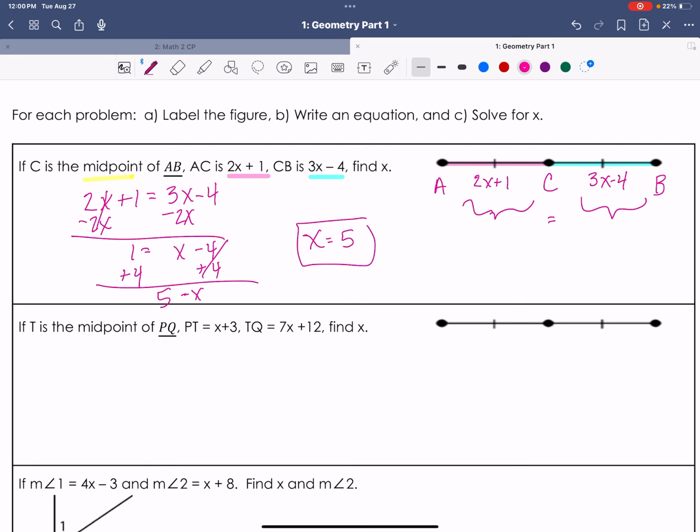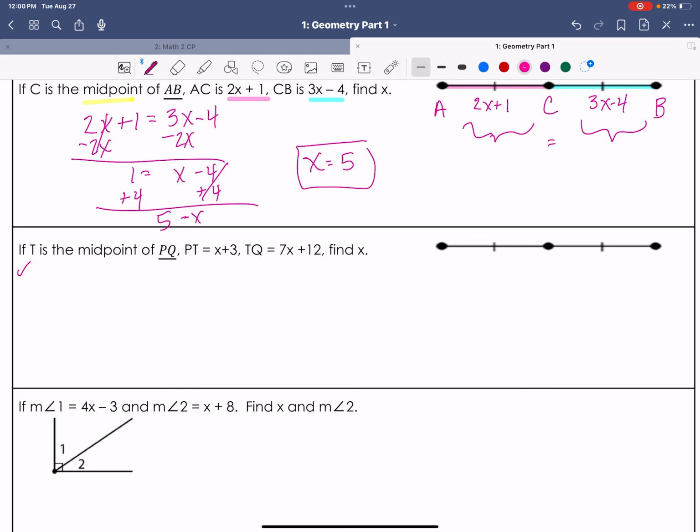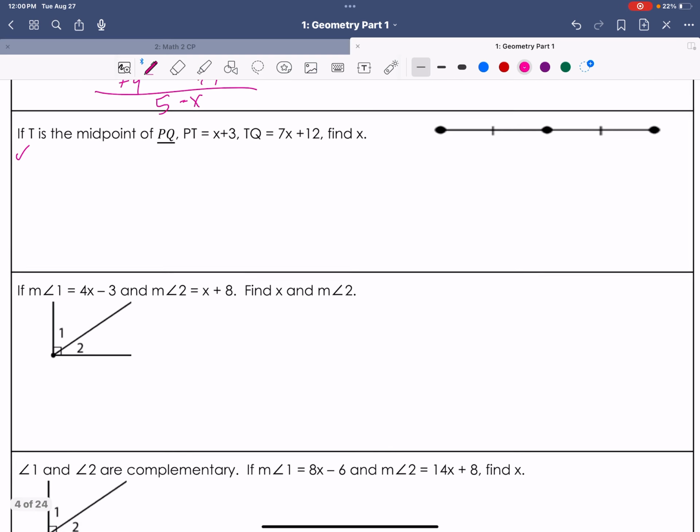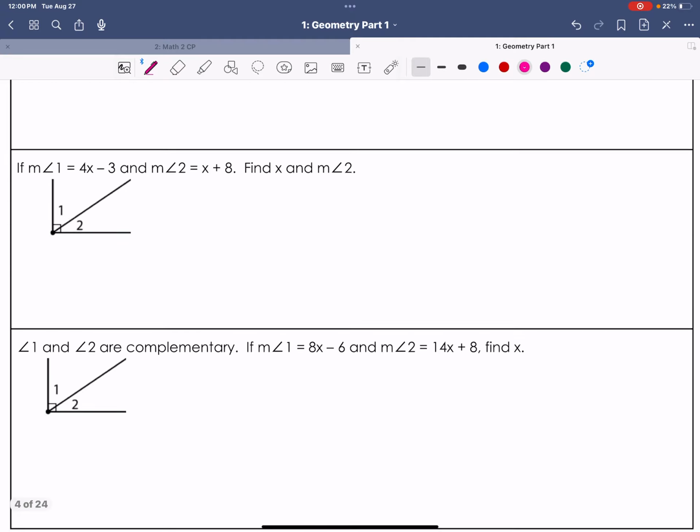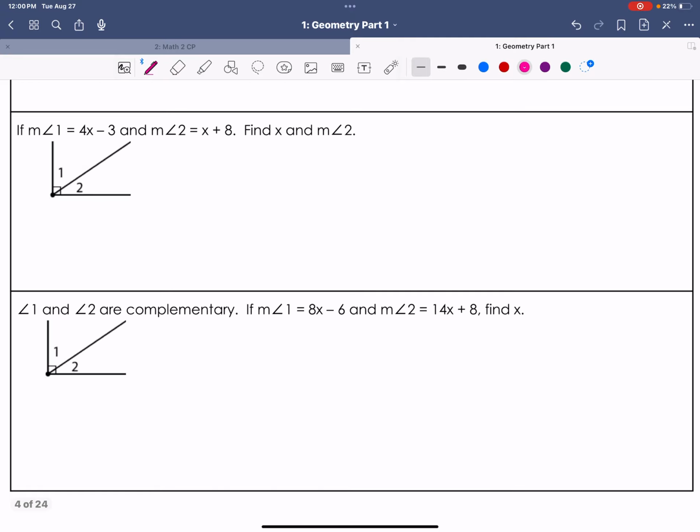All right, now you're going to try this problem. Make sure you label and solve for x. All right, for this problem, it says if measure of angle 1, so angle 1 is this guy right here, is 4x minus 3, and the measure of angle 2, which is this guy right here, is x plus 8.